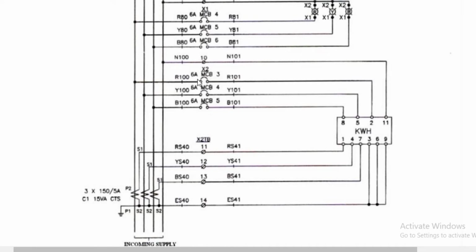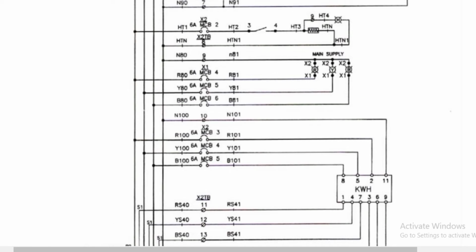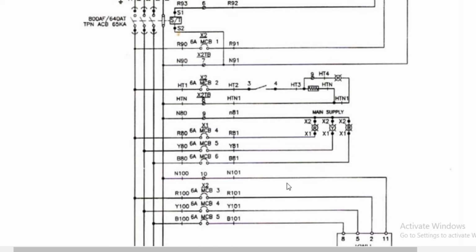The value of this MCB is 6 ampere. The function of the MCB is to protect an installation from overloading, and also to protect from short circuit faults. It also protects from earth fault. Okay, we go to the upside, and here there is also the same MCB value, which is 6 ampere.